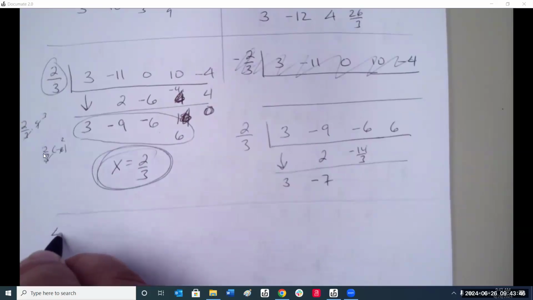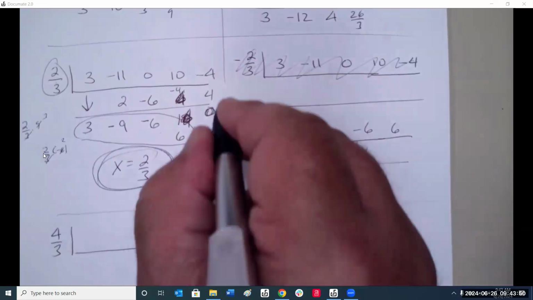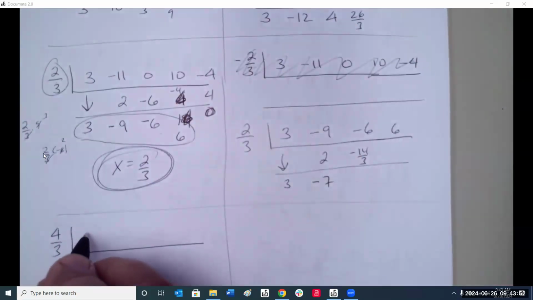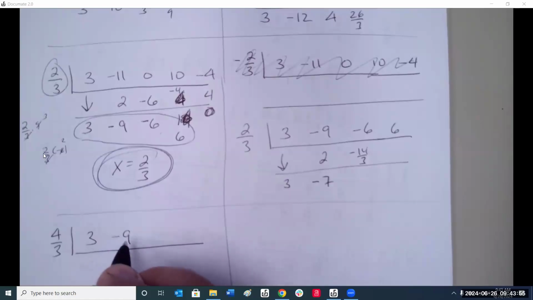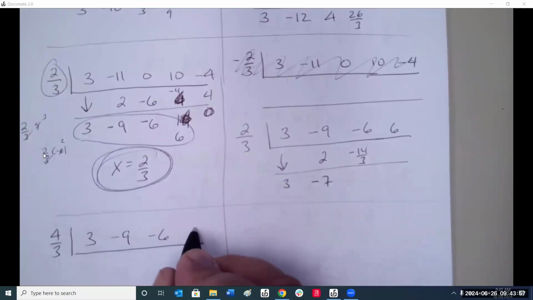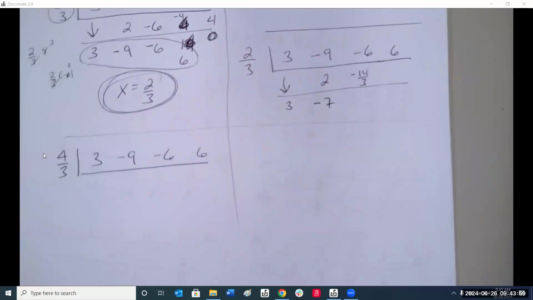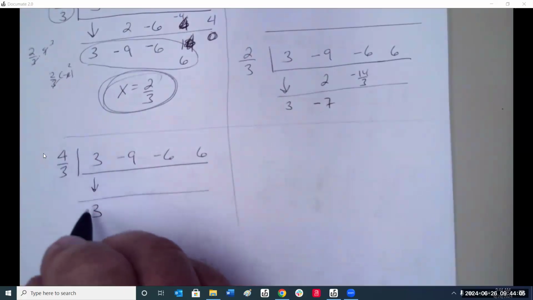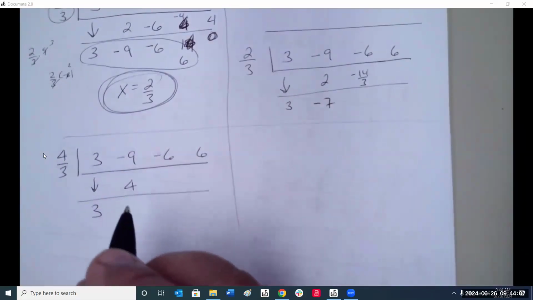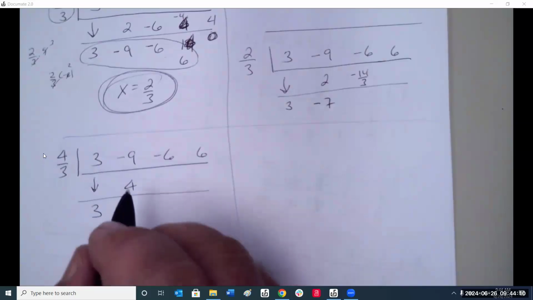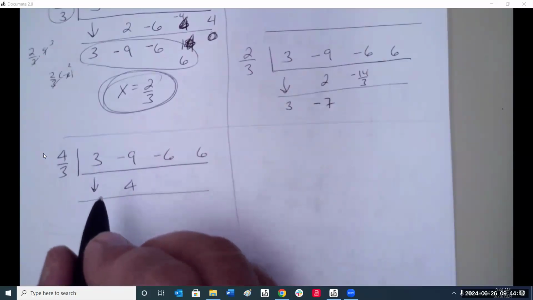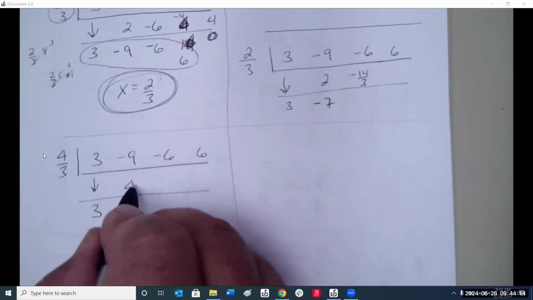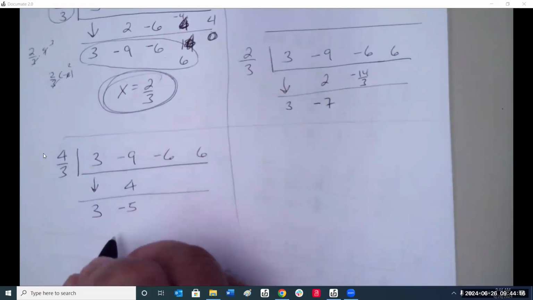So now we got to try 4/3. Three, negative 9, negative 6, and 6. Four-thirds times 3 is 4. This makes it negative 5.